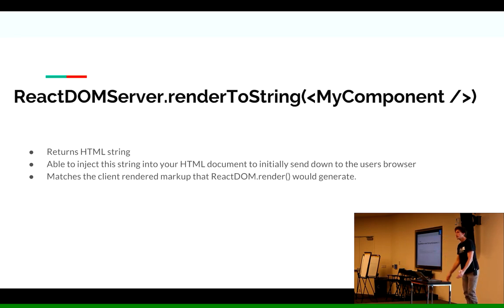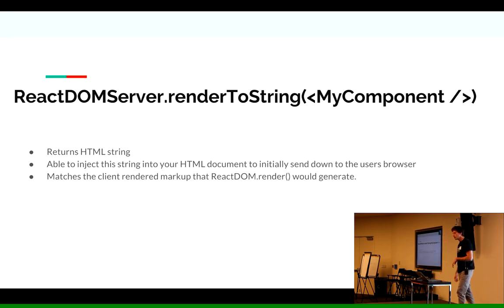So I'm going to go into two examples. First I want to go over the couple differences in the two examples that I'm going to explain, which is client-side rendering and server-side rendering. The first method that's different, that you may have used if you do server-side rendering techniques, is the ReactDOMServer renderToString method.